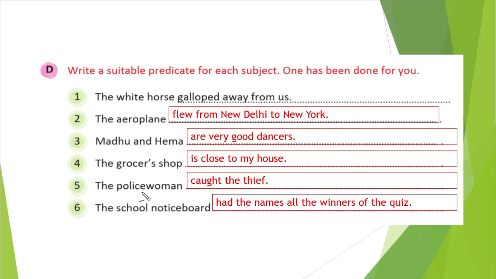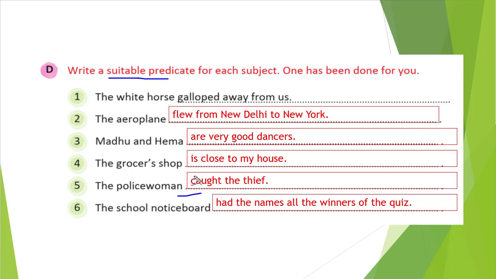Fifth one, the policewoman caught the thief. The policewoman fought with the thief, that also you can write. Here I wrote caught the thief. This way you can write an appropriate predicate. They have mentioned a suitable predicate, so whatever suits here you can write, not randomly.